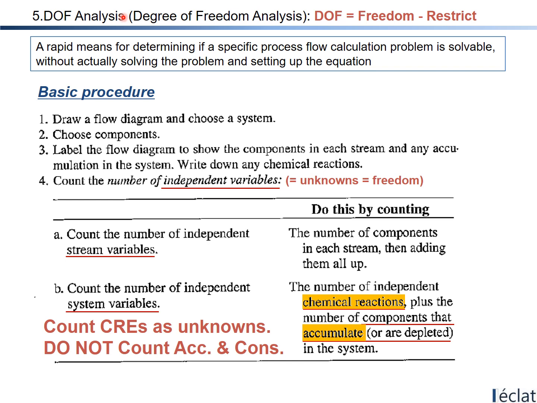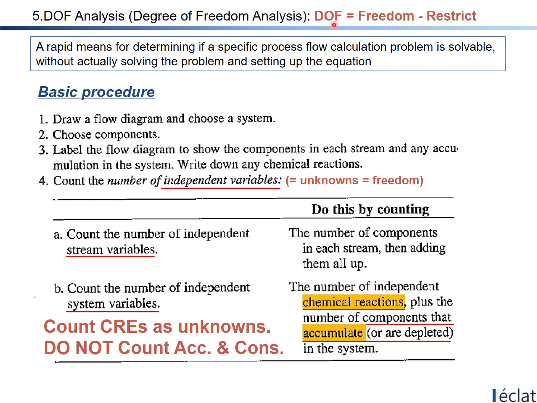Then in step C, you found additional restricts or equations. Finally, the total number of equations, including material balance equations and additional restricts, is equal to the number of unknowns. When those numbers are equal to each other, I have said we could solve the problem. That is the degree of freedom.